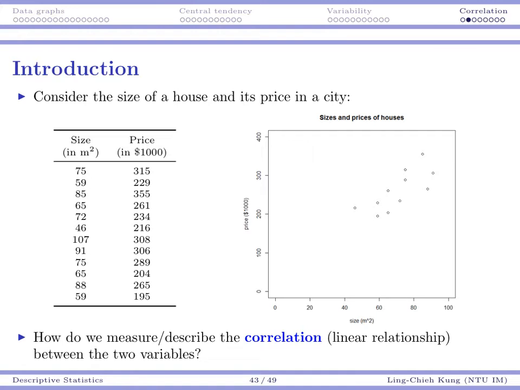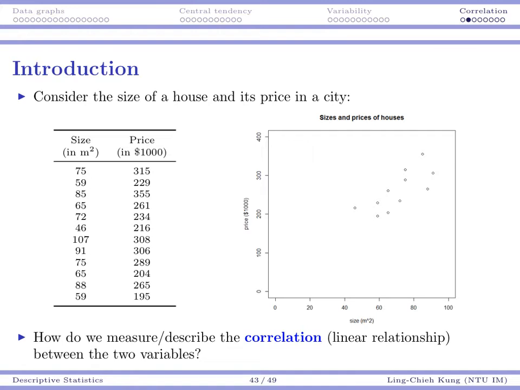There may be other factors, for example, location, how old the house is, or whether there is a good university or a good elementary school nearby, and so on. Here we only focus on the relationship between size and price, or we may say we only focus on a partial source of the factors of price.